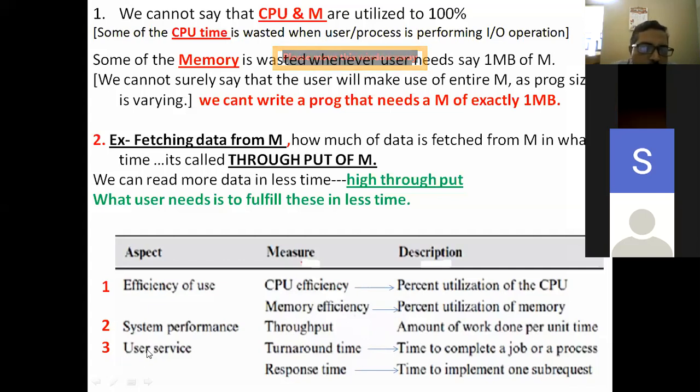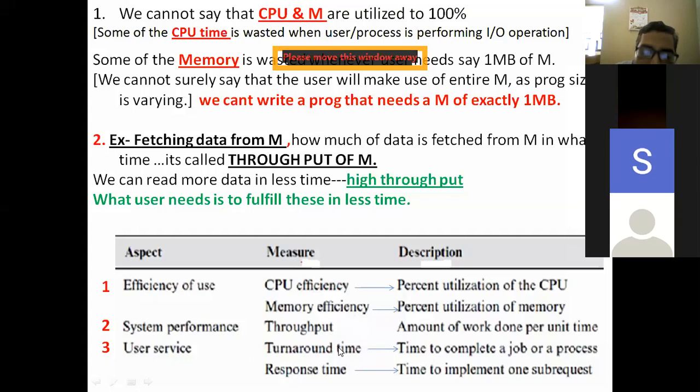So once I say user service, here we are going to measure the user service with respect to two parameters. Those are turnaround time, and the second one is response time. Remember these words. User service will be measured in terms of turnaround time and response time, where turnaround time is nothing but the time to complete a job or a process.